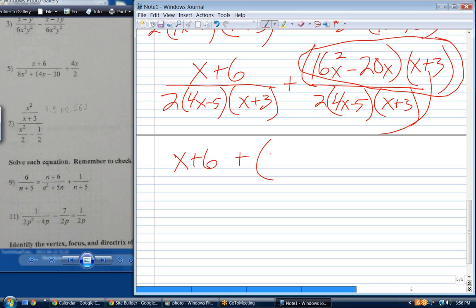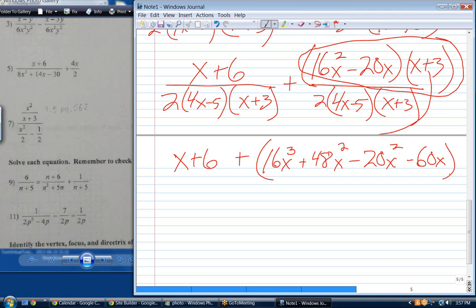Go ahead. 16x cubed plus 48x squared, minus 20x squared, minus 60x.